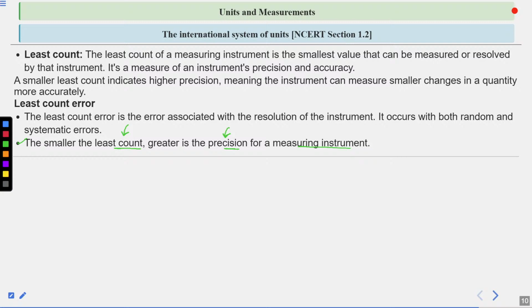Now here is one question for you. What is the unit of velocity? Second question. What is the unit of acceleration?